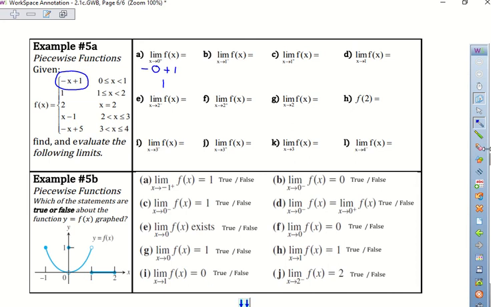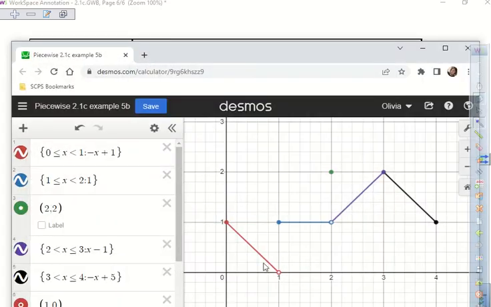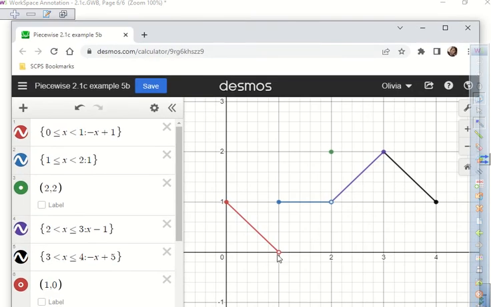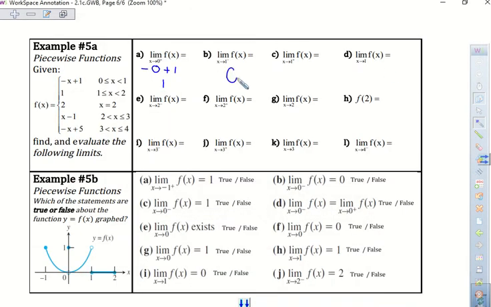So then, for the next one, we're looking at negative 1 from the left side, right? Because it's a negative sign. So if we look at the graph, we're looking at 1 from the left. If we're approaching from the left, we're approaching what value? 0. So the answer is 0.